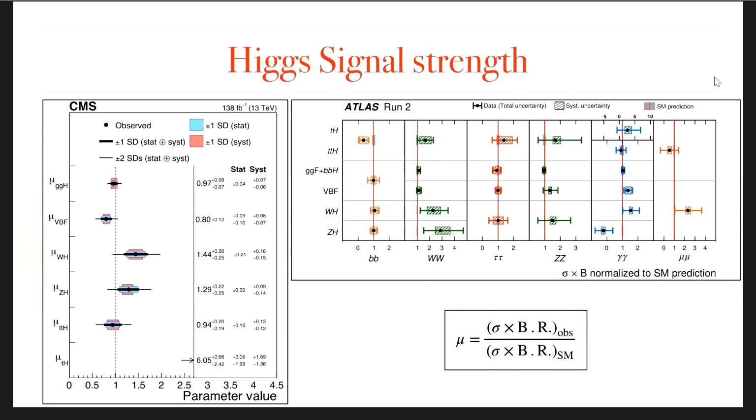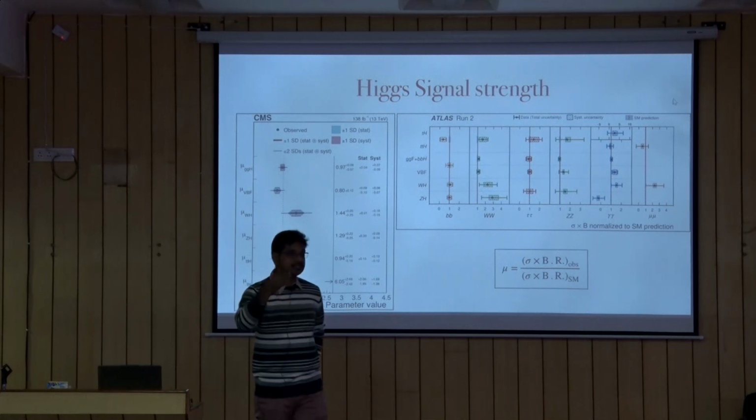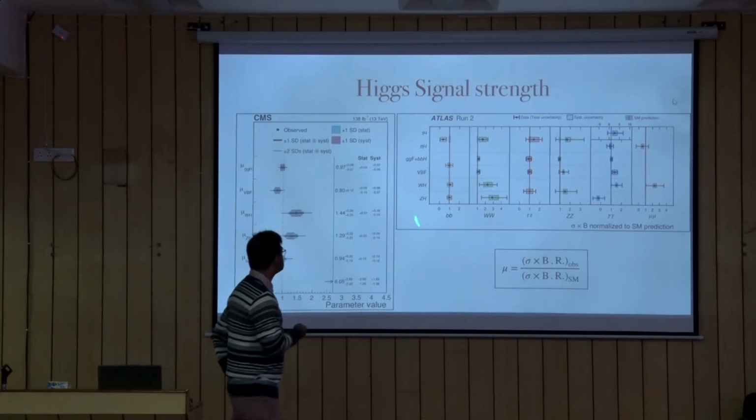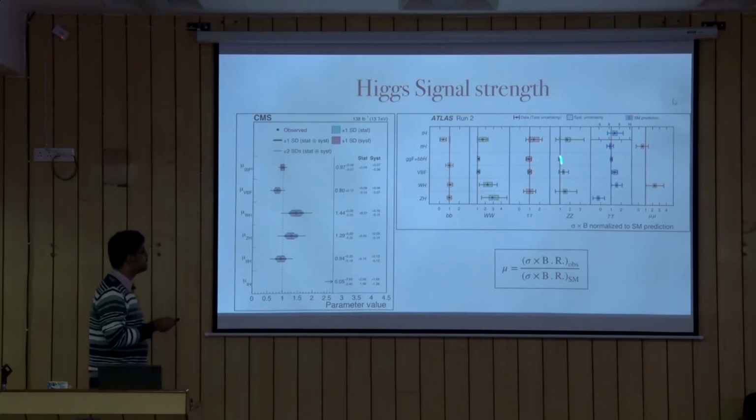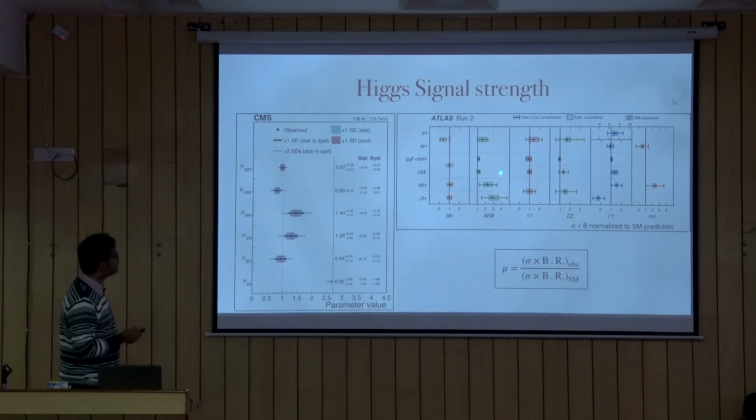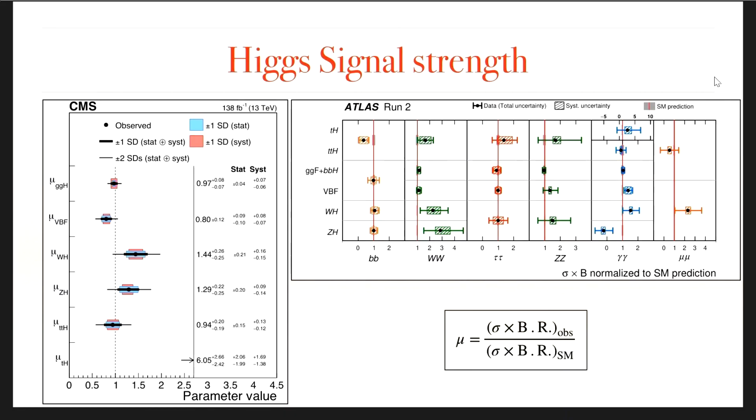Something similar happens in the Atlas case. On the y-axis you have the different production modes of the Higgs boson, and on the x-axis these are the Higgs decay branchings through which you probe these channels, like Higgs going to BB, WW star, tau tau, or ZZ star, etc. So in this way, you can see that mu equal to 1 is this line, and whatever little deviations you spot there show that the observations made so far are not absolutely consistent with what the standard model provides.